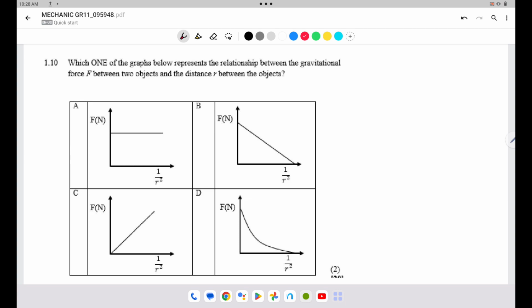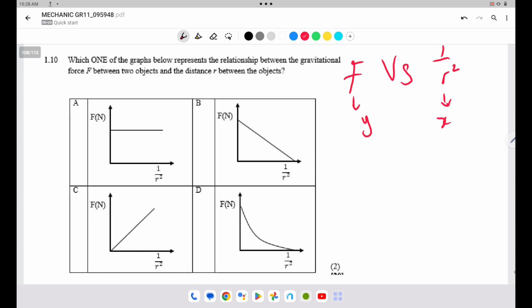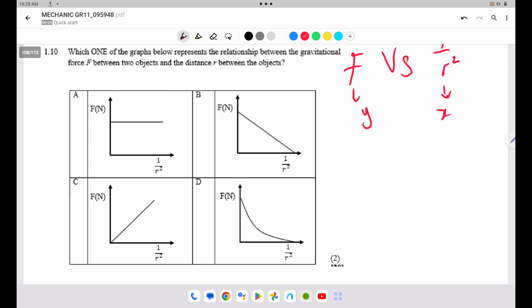Okay, so what we can clearly see, from just looking at all these graphs, is they are plotting a graph of F versus 1 over r squared. How do I know? In all of those graphs F is on the y-axis, while the reciprocal of r squared is on the x-axis. So you return to the formula.